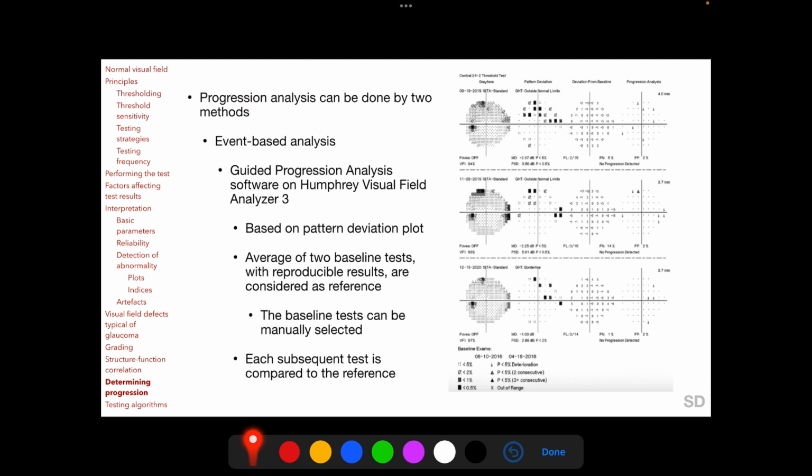Progression analysis on the Humphrey Visual Field Analyzer can be done by 2 ways: event-based analysis and trend-based analysis. Event-based analysis on the Humphrey Visual Field Analyzer is done with the guided progression analysis or GPA software, and it is based on the pattern deviation plot. Average of 2 baseline tests with reproducible results are considered as the reference baseline, and each subsequent test is compared to the reference baseline.